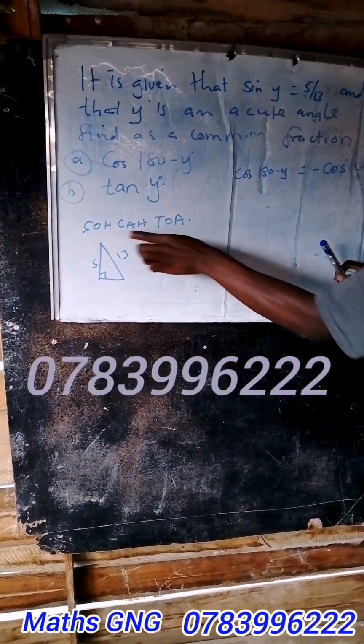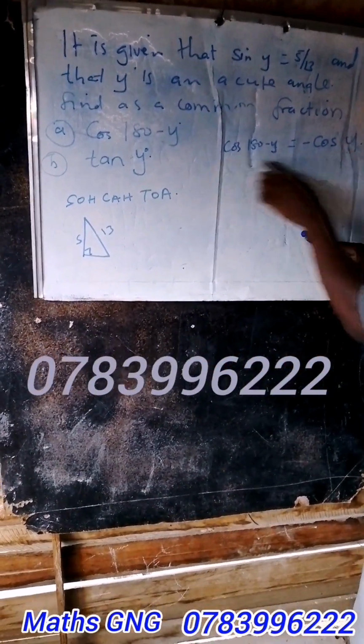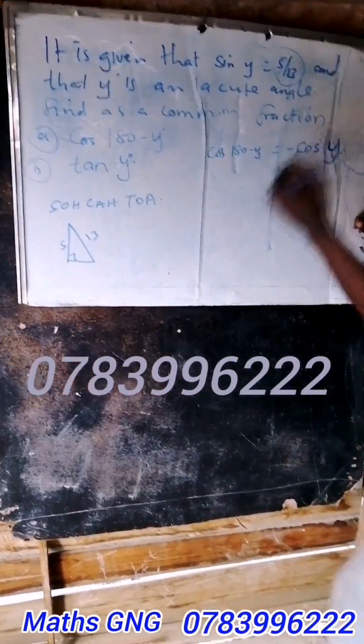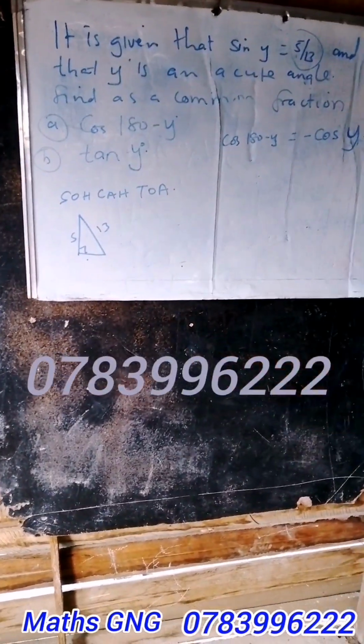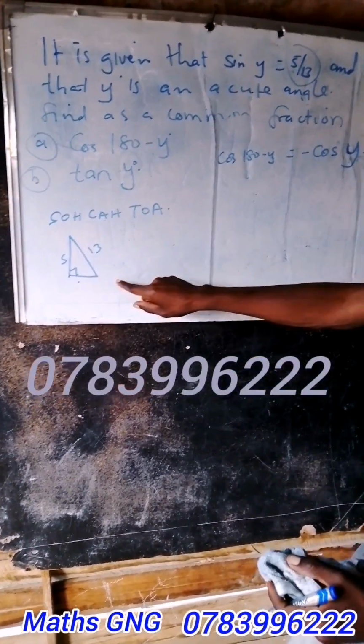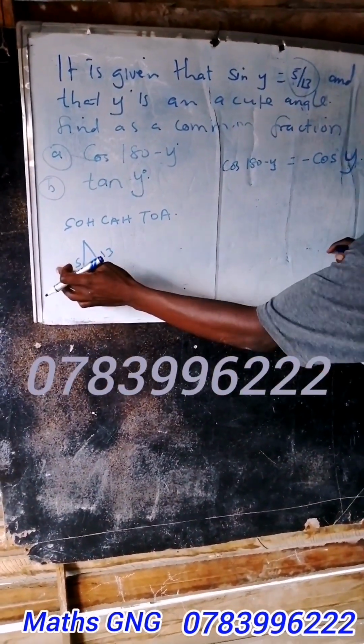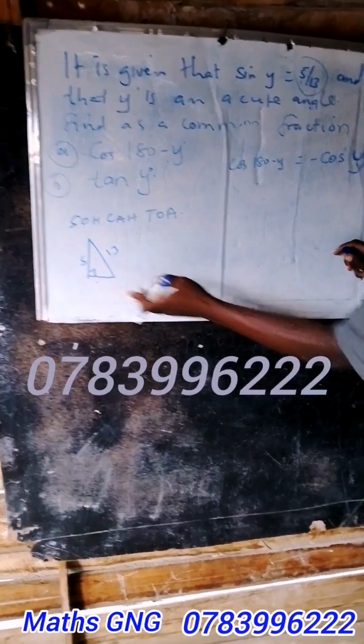Using the Pythagorean triple 5, 12, 13, the adjacent is 12.